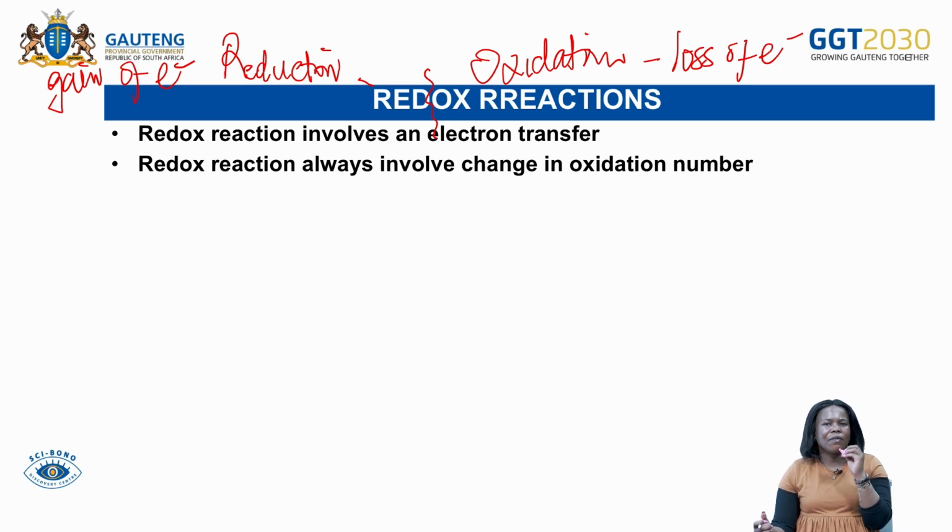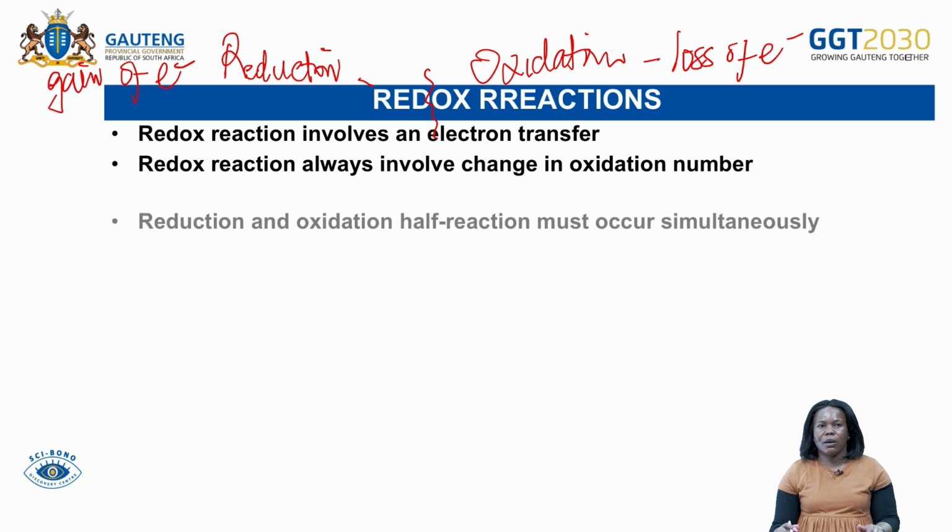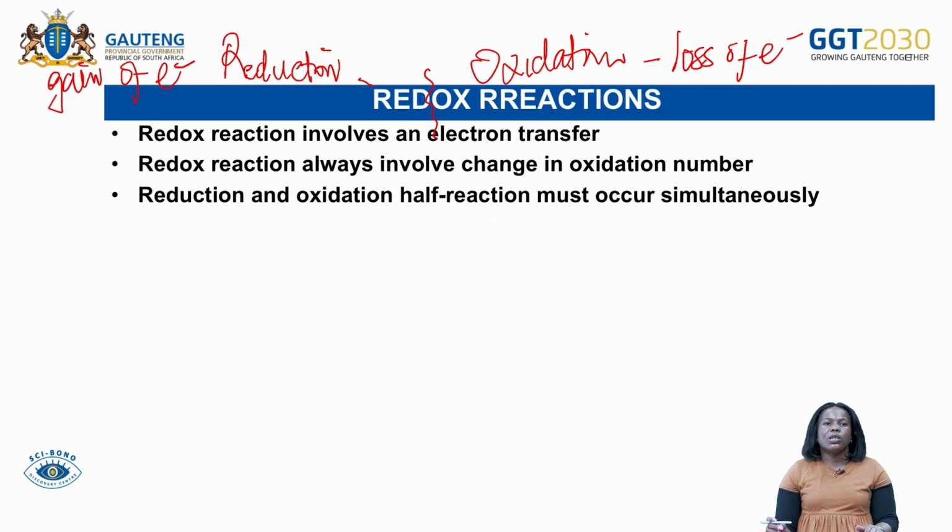We're going to dive deep into how we can tell whether there's a decrease or an increase in the oxidation number, what that tells us, and how we can see it. Oxidation and reduction half reactions occur simultaneously, meaning at the same time.